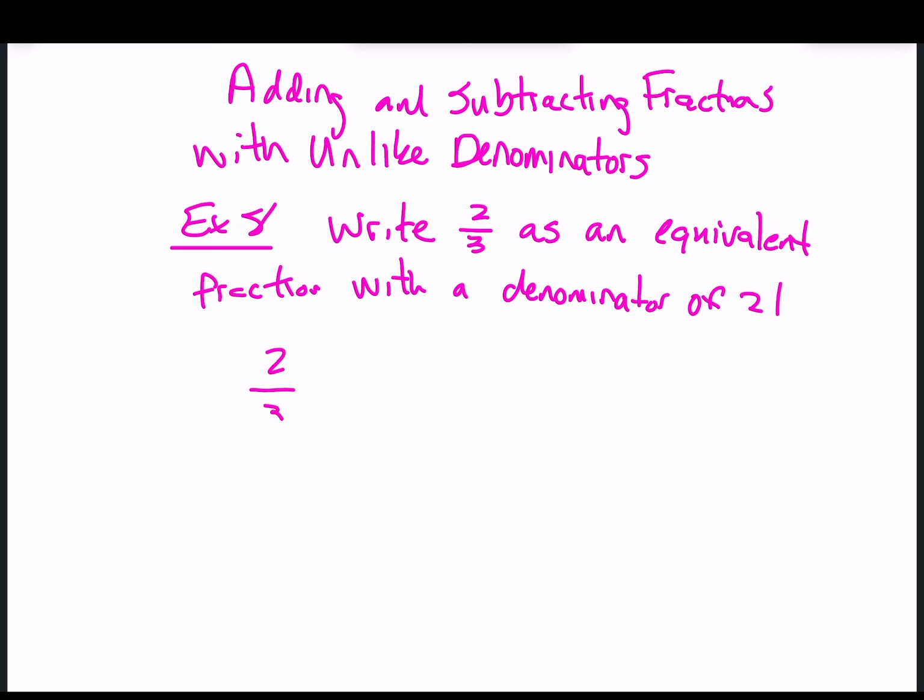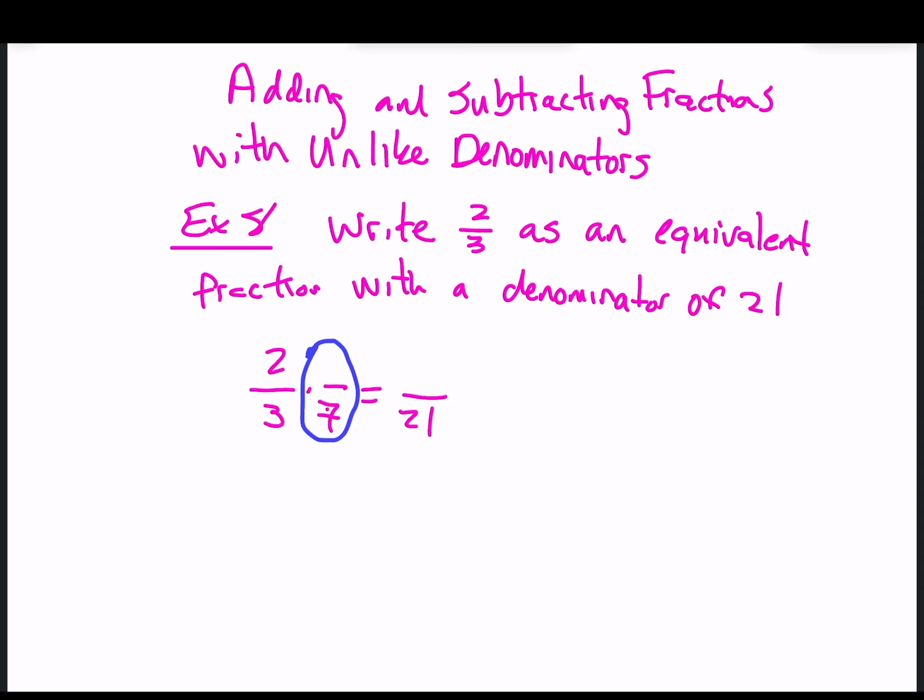So if we want to write 2/3 as something whose denominator is 21, we're going to have to do multiplication. So 3 times what gives us 21? Well, that would be 3 times 7. Well, the only way we can keep an equivalent fraction is for the fraction we multiply by to be equal to 1.